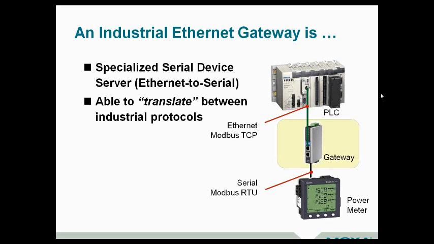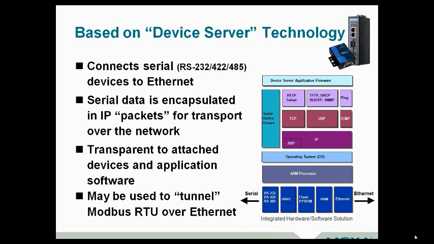And this gateway sits in between and bridges these devices together, between your serial asset on Modbus and, for example, this PLC over here. And the neat part is this gateway is able to do a translation amongst these different devices.